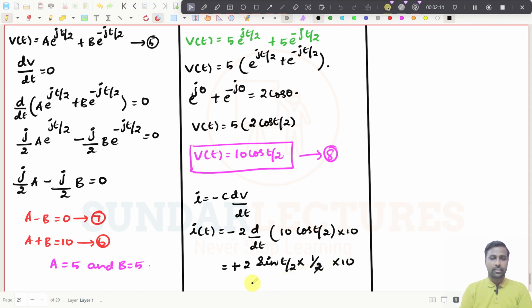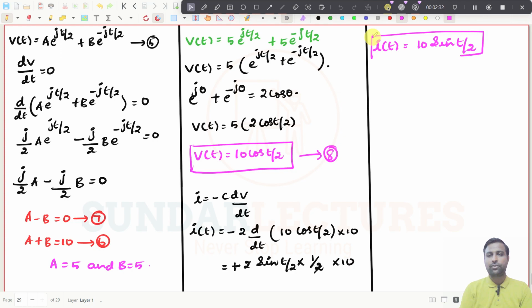This 2 and this 2 cancel out, and finally I of t can be written as 10 sin t by 2, right? So this is the I of t expression.